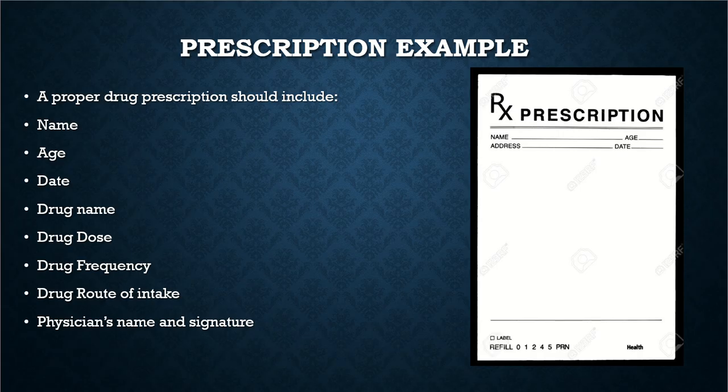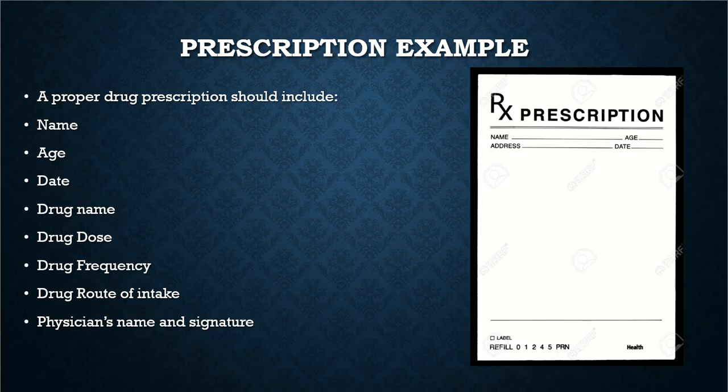We write the medication. Let's say I'm going to prescribe amoxicillin alone. I will write the name. We can write the generic name or the trade name, but it's preferable always to use the generic name. We write amoxicillin, the dose 500 milligrams, frequency how many times per day.